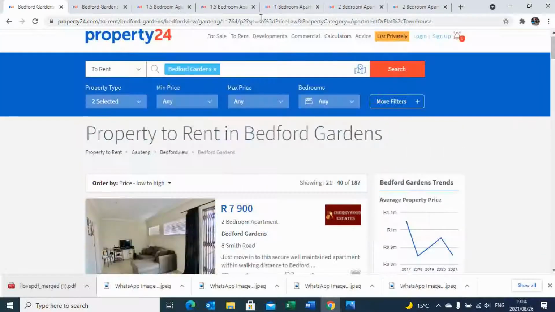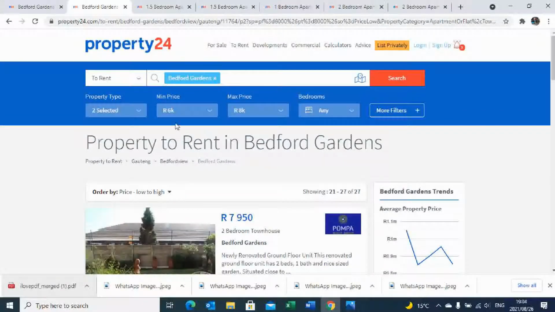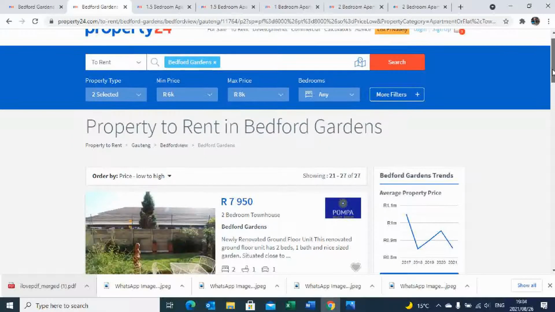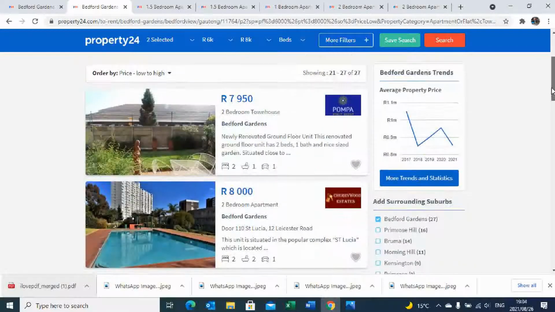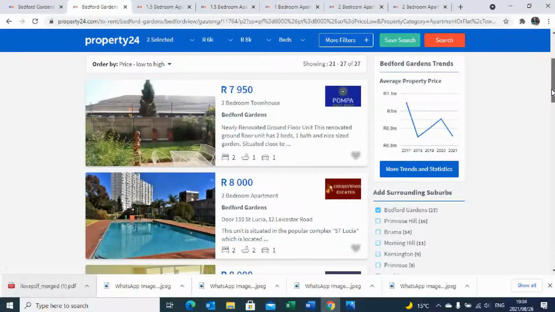Then we're going to create more parameters and say we're looking for something between 6,000 and 8,000. What can we find? 27 units. So we are reducing our search so that we can price this property correctly.